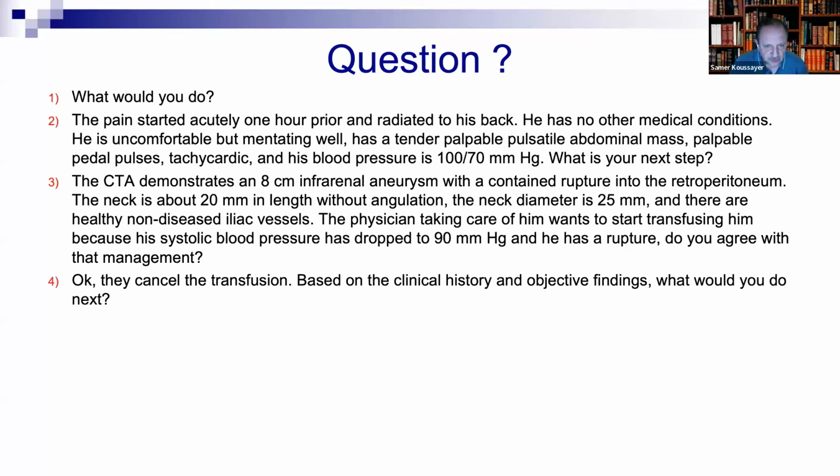Okay, so they cancel the transfusion based on the clinical history and objective findings. What would you do next? I'll proceed for endo, EVAR. Why endo?